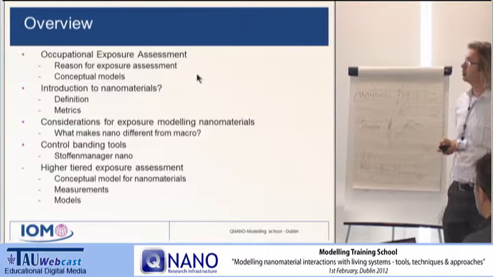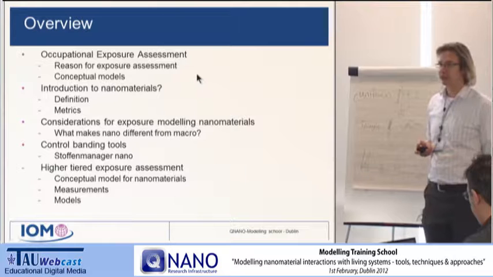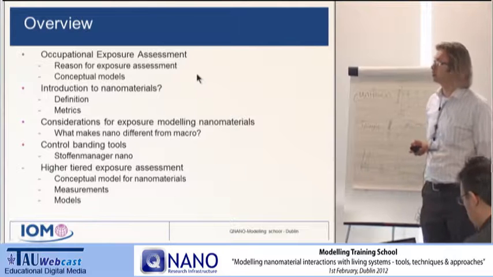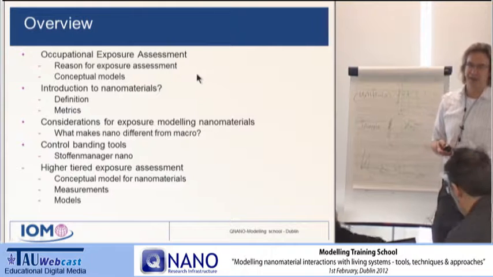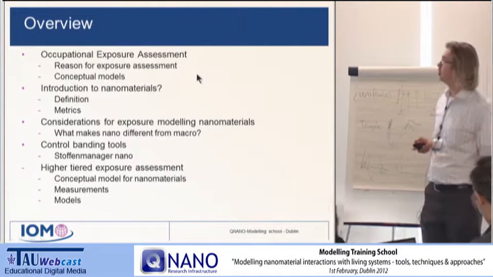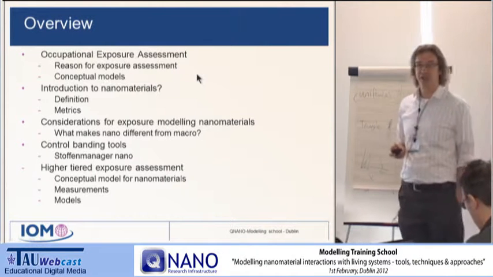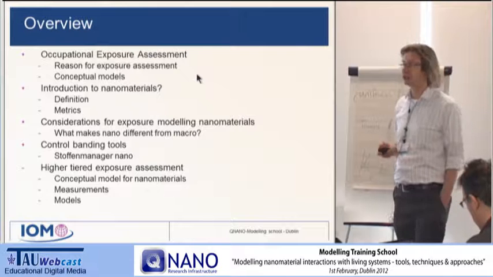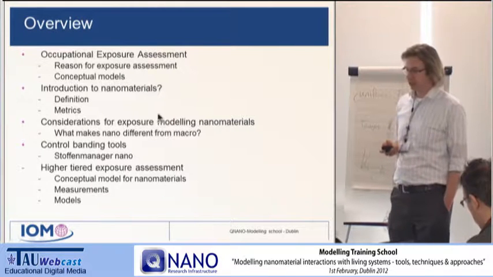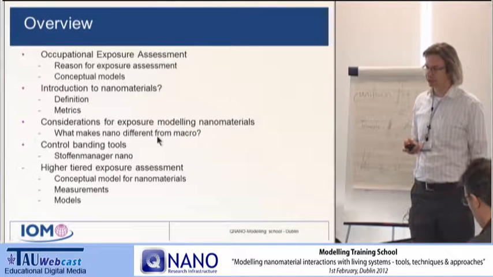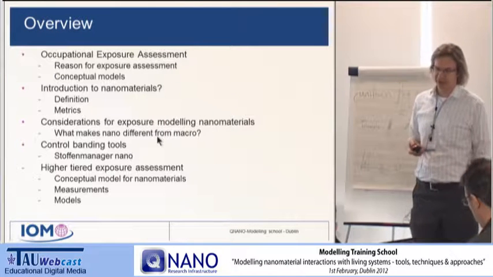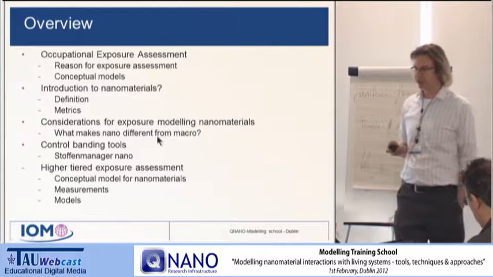I'll start with general occupational exposure assessment, the methods that we have, and especially models for traditional chemicals, so not nano-specific. Then we'll move on to nanomaterials and the specific considerations that make them different.